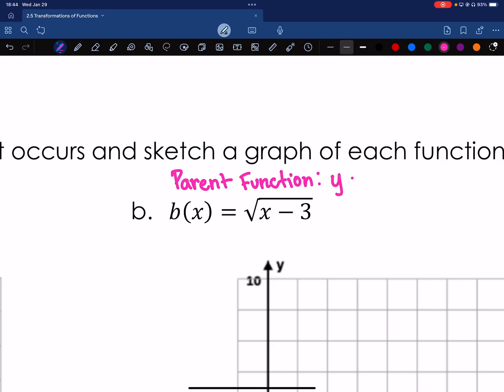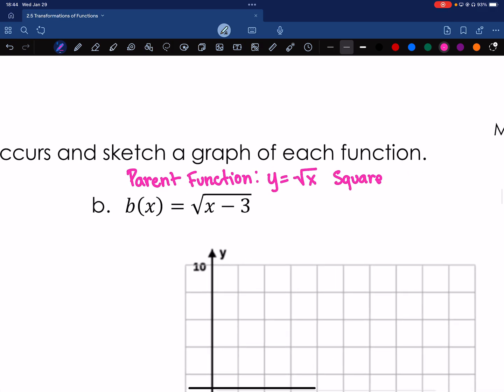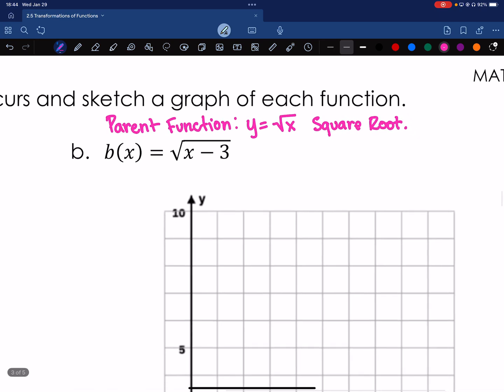So that's y equals the square root of x. Again, that's the square root. This one to me looks like an eyebrow. Okay.